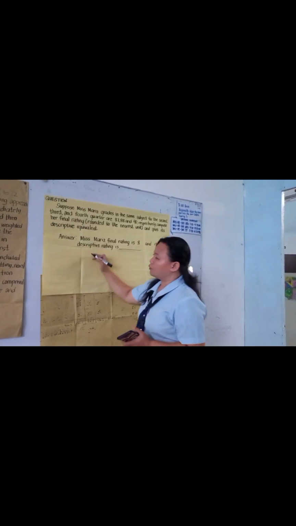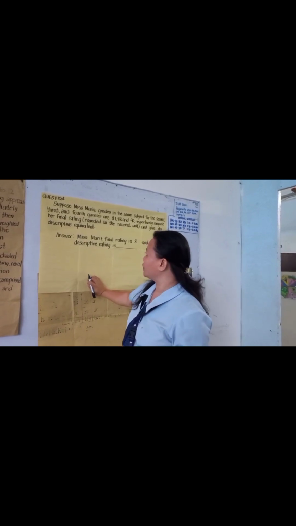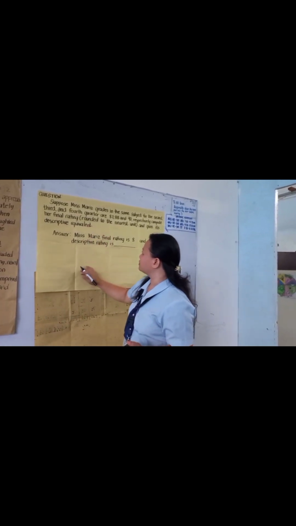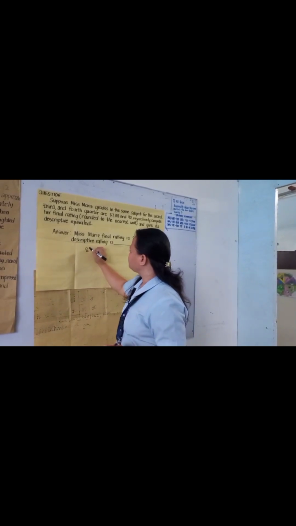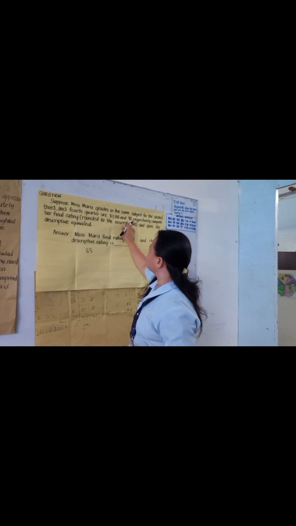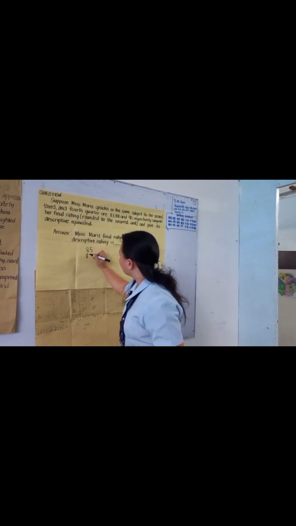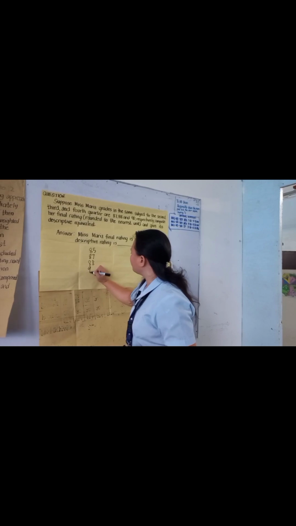So we computed the value of the first grading period for Marie's grade in Araling Panlipunan, which is 85. Then we're going to add the other three graded quarters, which are 87, 88, and 90.